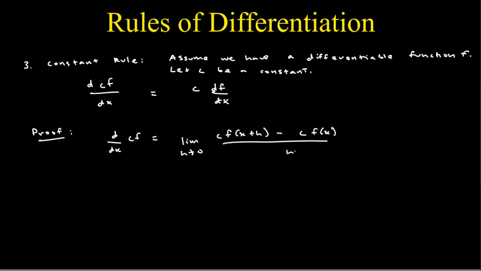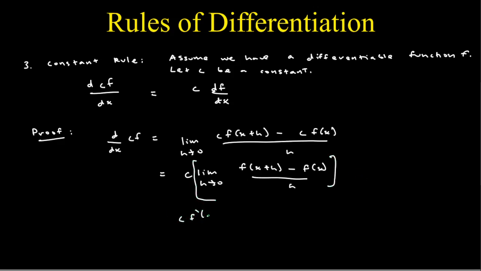We can take the c out because of our constant rules for limits, and we're just left with f of x plus h minus f of x over h. Since f is a differentiable function, this simplifies to the derivative of f, so we get c times f prime of x.